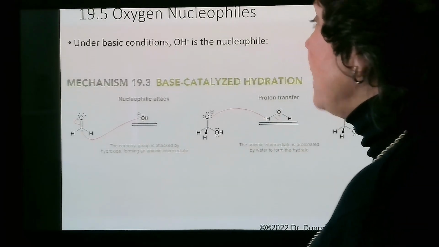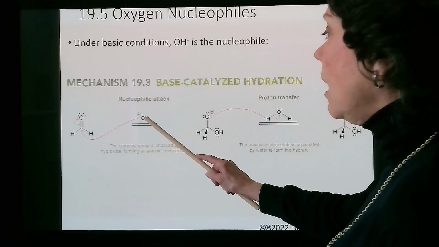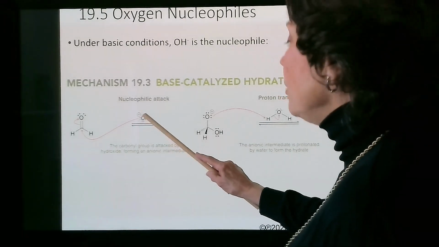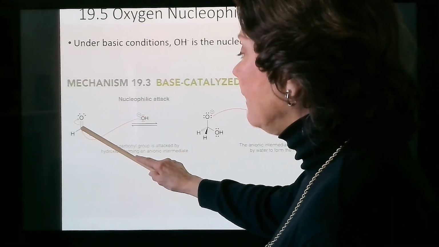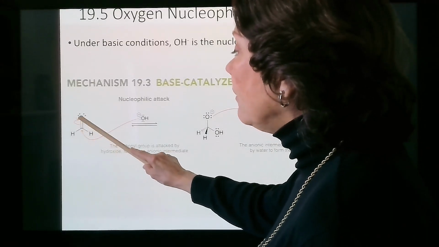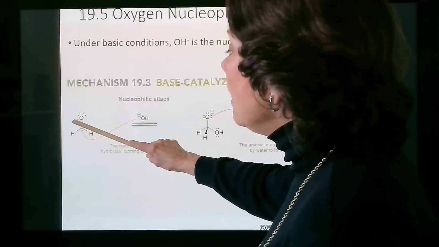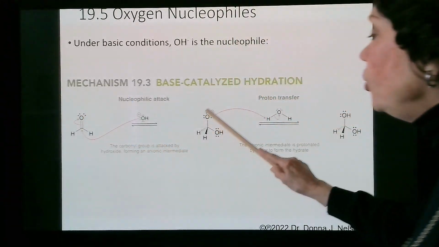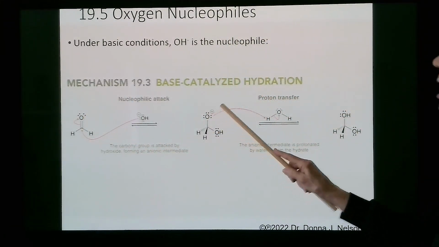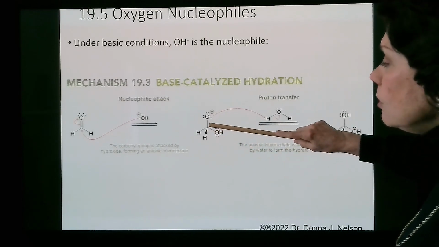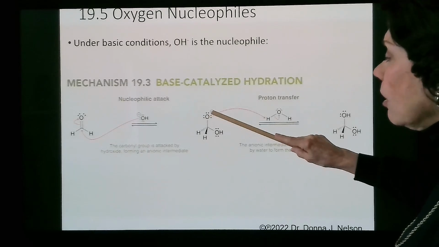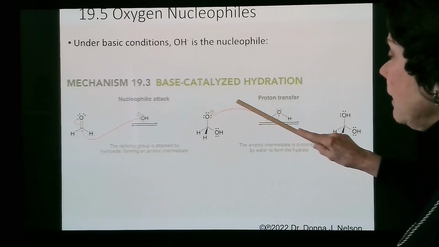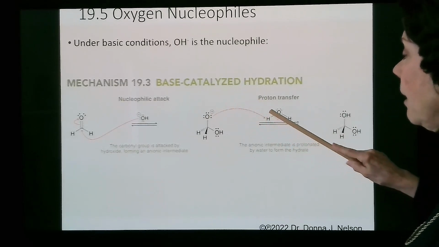So, under basic conditions, OH minus itself is the nucleophile. A pair of electrons on oxygen attacks at the carbonyl carbon. The pair of electrons in the pi bond move out onto oxygen, generating a negative charge here. Now you have formed two CO bonds, and the negative charge on oxygen simply picks up a proton.